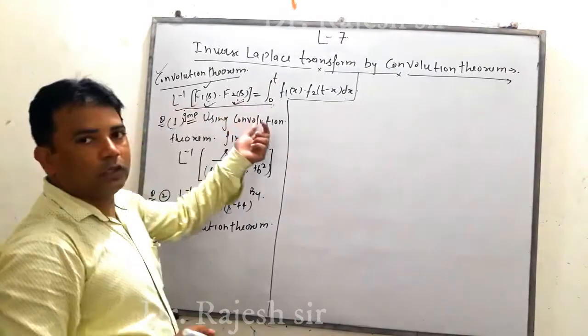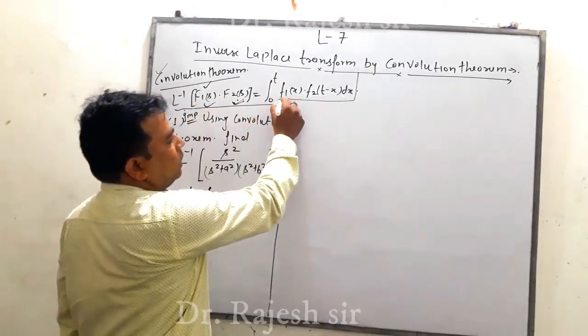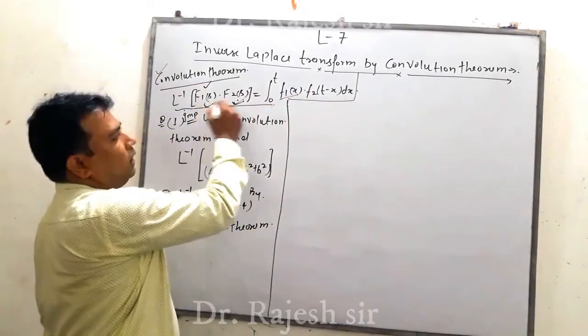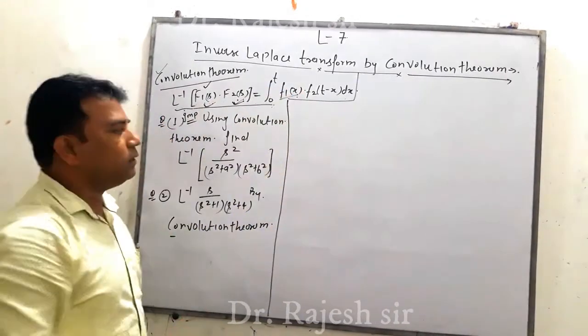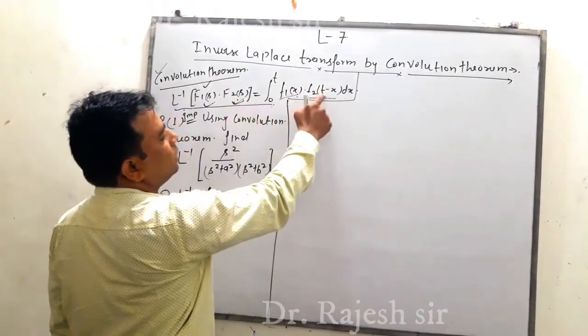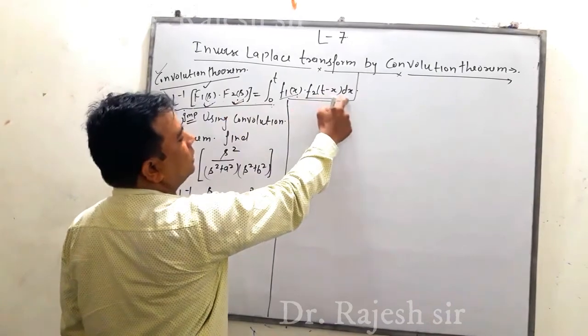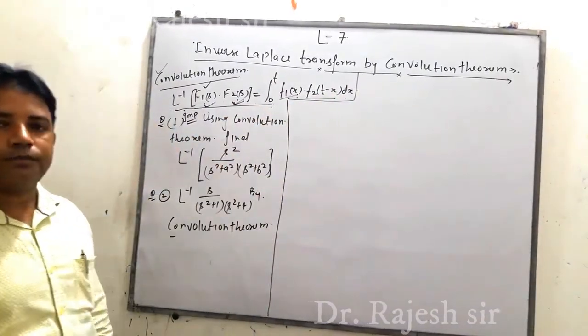By the convolution theorem, in the first function we replace t by x, and in the second function we replace t by t minus x, dx between the limits 0 to t. This is the convolution theorem.